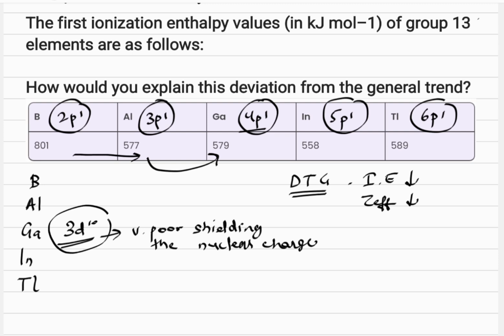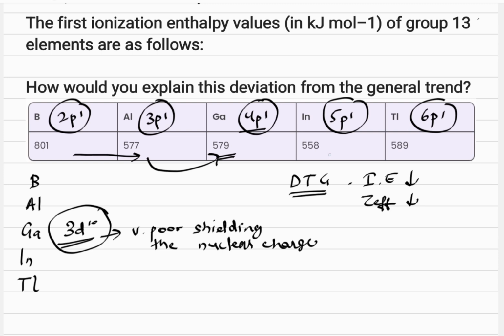Why? Because in gallium there are 3d electrons. They are not shielding the nuclear charge very nicely. Therefore, the outermost electron in gallium feels more nuclear pull than it should have, right? So that is why the ionization energy increases instead of decreasing, going from aluminium to gallium. Next, the same trend is followed, gallium to indium, the one that we expected.